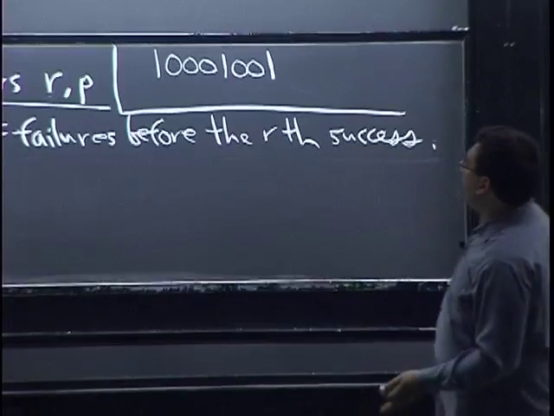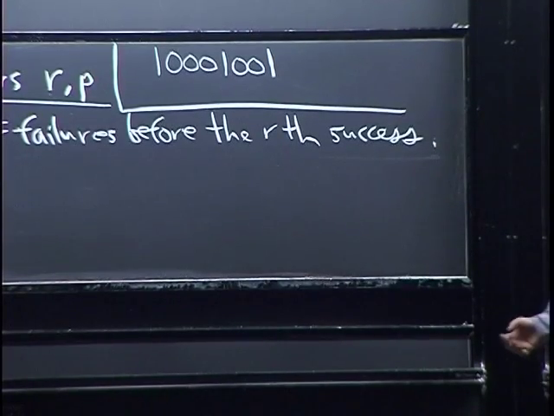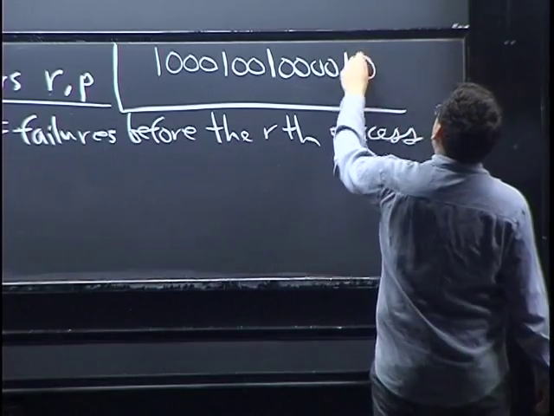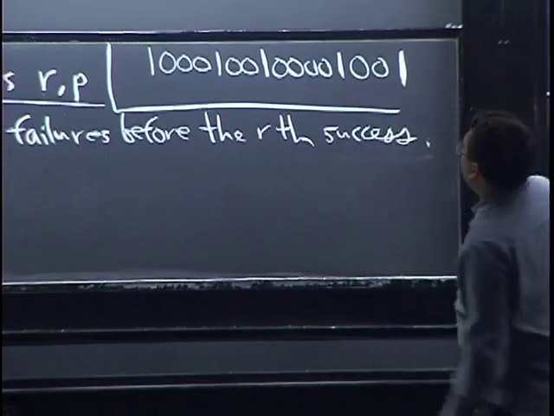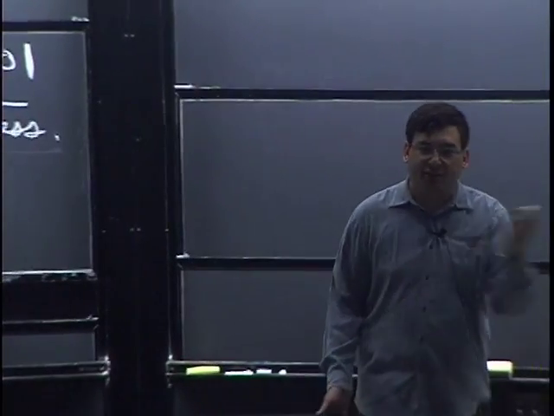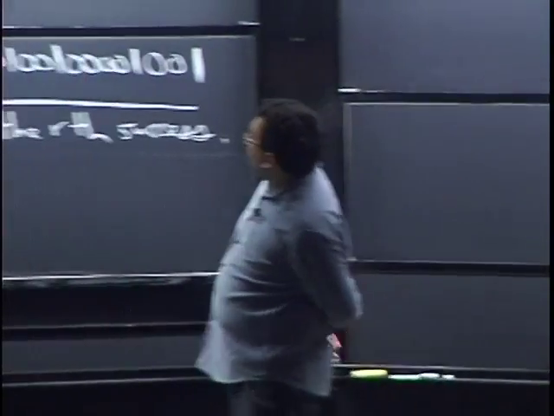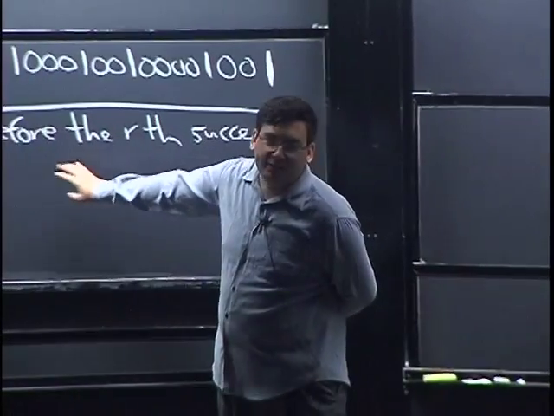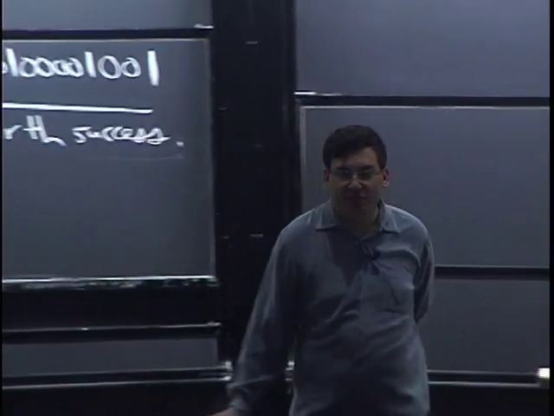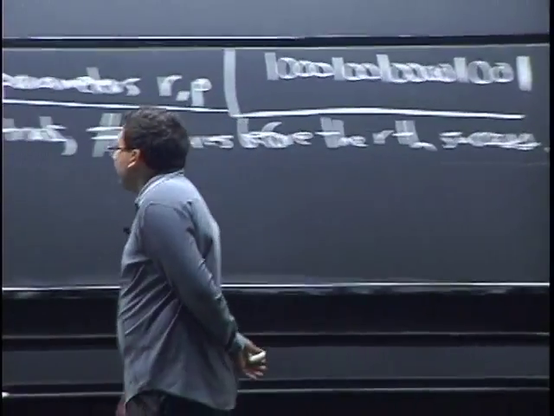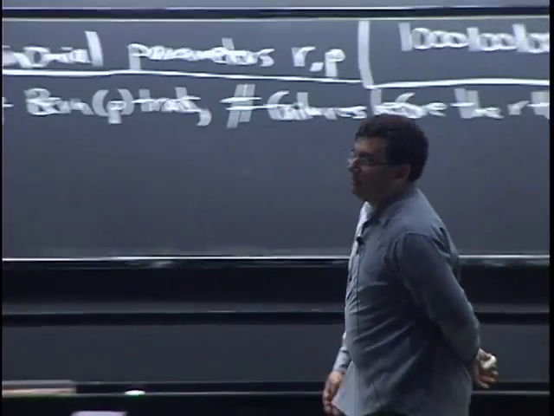And let's choose a value of R. Let's say R equals 5. 0, 0, 0, 0, 1, 0, 0, 1. Okay, I just made up a sequence that has 5 1s in it and however many zeros I just felt like writing. Now, I claim that if we stare at this binary sequence long enough, we can just write down the PMF without having to do any further work. So that's good. Don't want to do a lot of work. Just want to write down the PMF.